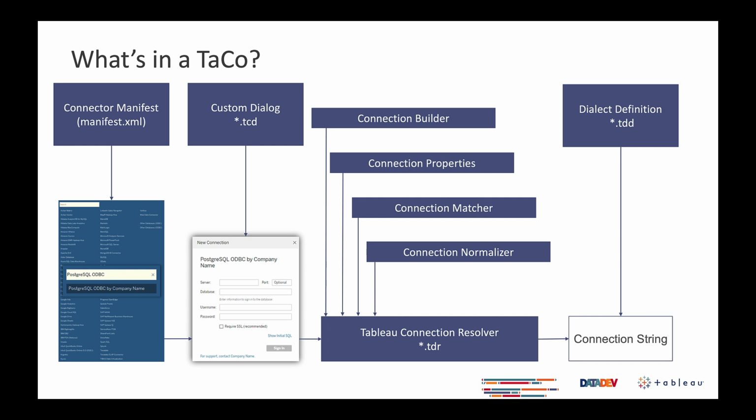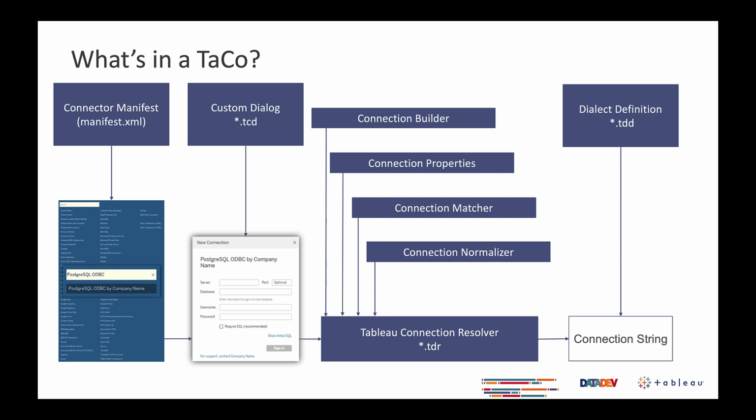So what's in a taco? What's the shell? What's the filling? Well, a connector is really just a collection of files. You saw it in that packaged version, that .taco version, but it's really just a number of files that come together to make it. This view might seem complicated, but don't worry, we'll step through the important parts.